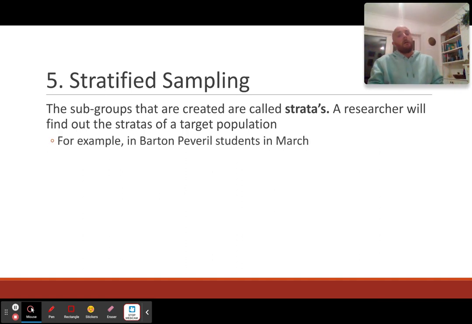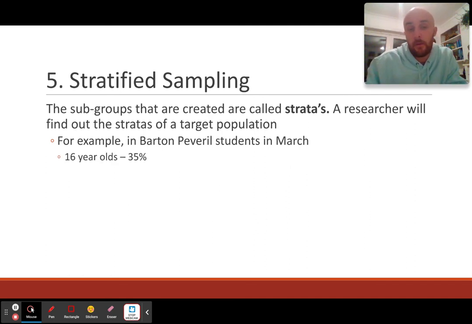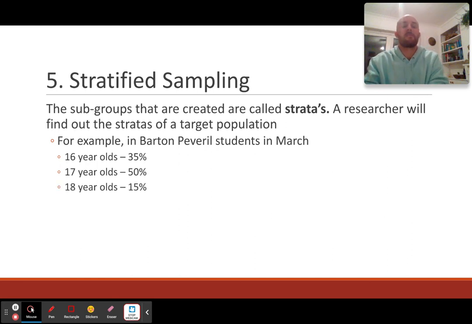Another example here is Barton Peveril students in March. If I were to recruit Barton Peveril students in March, 16-year-olds are roughly 35% of the population, 17-year-olds are roughly 50%, whereas 18-year-olds are roughly 15%.